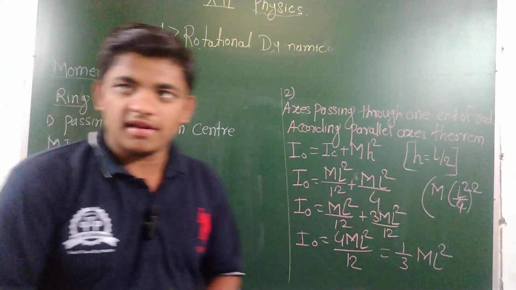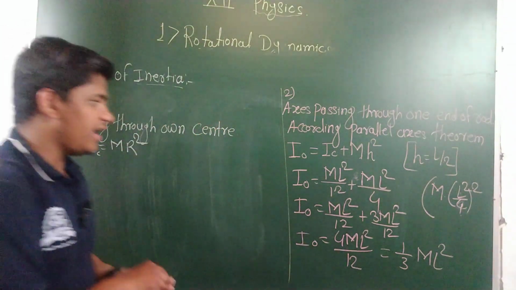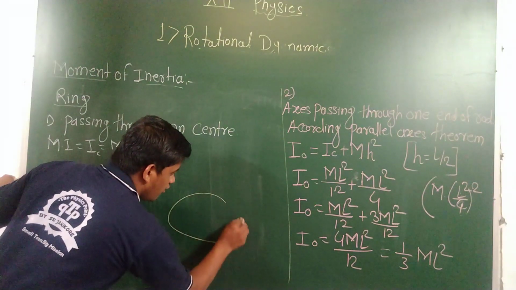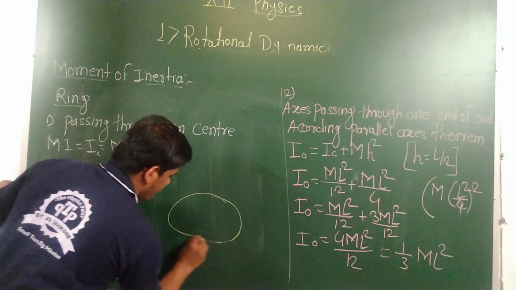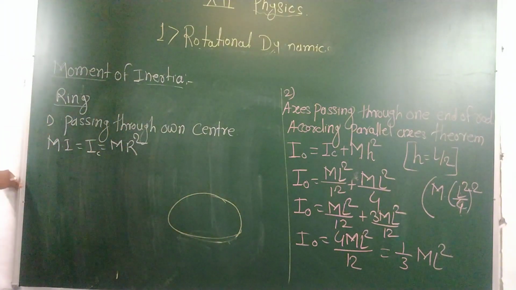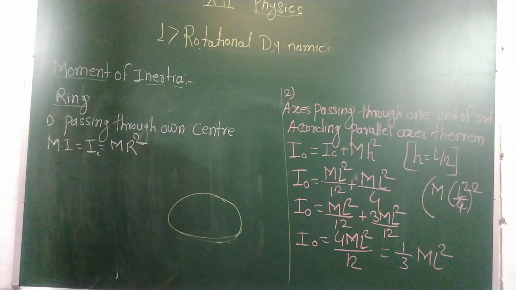Now what we have to do is take three different axes. Consider this is our ring. Not exactly a ring, but we treat this as our ring, and the ring is rotated around the diameters.